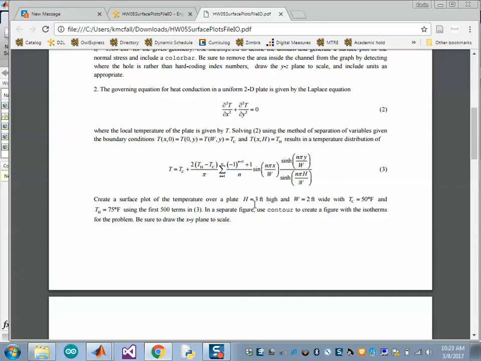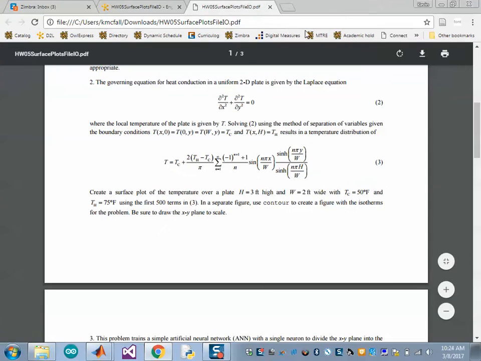W is 2 feet, h is 3 feet, y is something that can change, that's a variable, and n is something, we're trying to do a summation. We're trying to do a summation over lots of n's at various different y points. Okay, so y is a variable and n is something that I'm trying to sum. So n could be different depending on which part of the sum I'm trying to do.